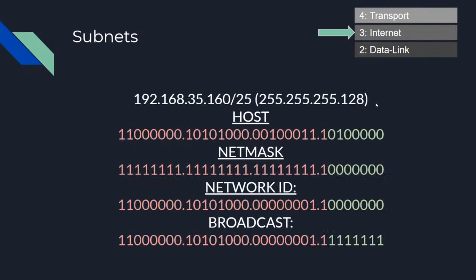We have this convoluted IP address right here, 192.168.35.160/25, just to show you that it doesn't have to stop at these dot boundaries. It used to have to when we had classful routing, but now we have what's called classless routing, which is what this /25 is derived from.